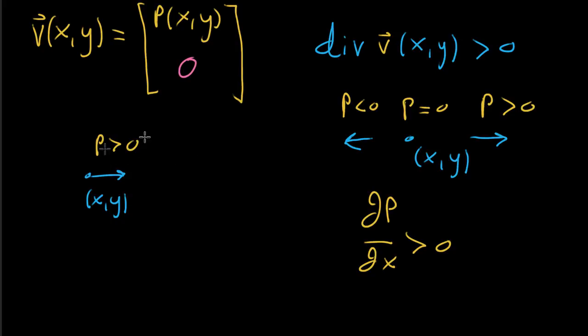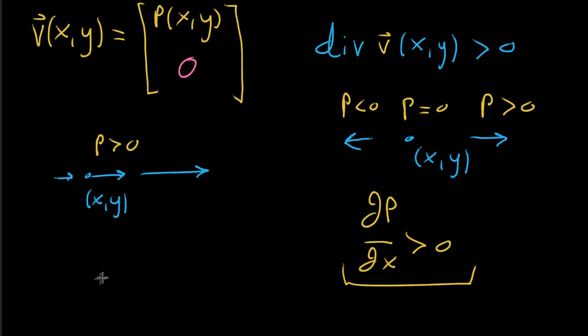But another way that positive divergence might look is that you have things coming in towards that point and things going away, but the things going away are bigger than the ones coming in. But again, this exhibits the idea of p increasing in value. P starts off small, a positive but small component, and then it gets bigger, and then it gets even bigger. So once again, we have this idea of a positive partial derivative of p with respect to x, because as you increase x, it causes an increase in p, which seems to correspond to positive divergence.